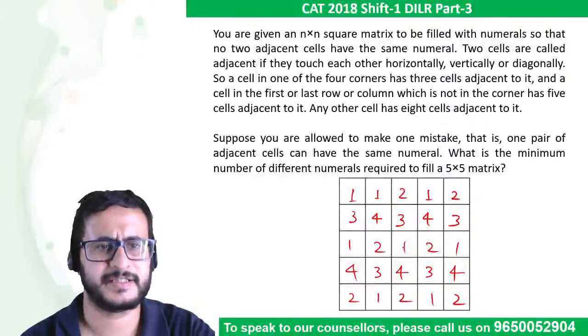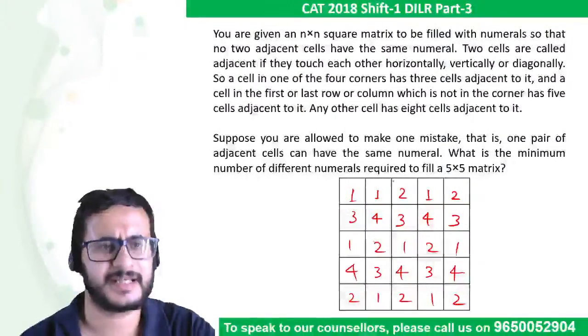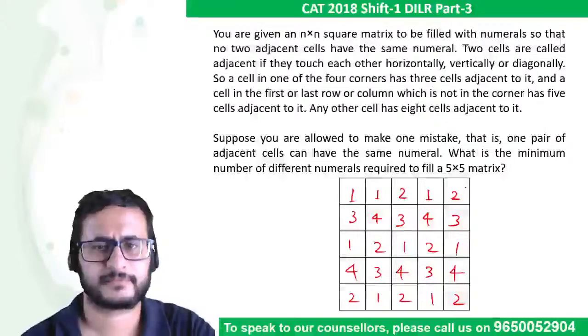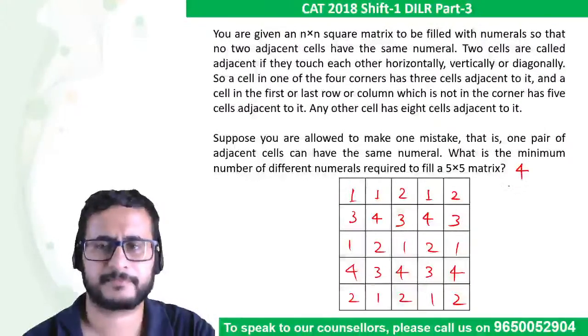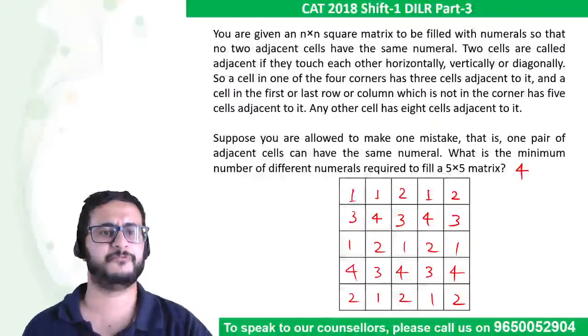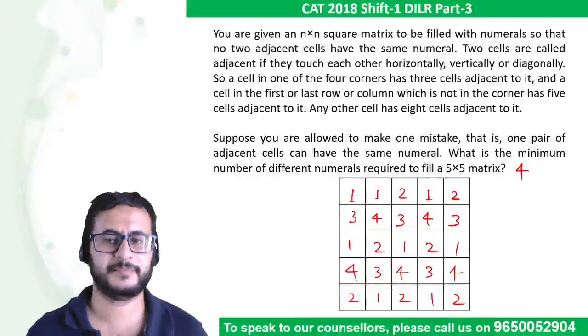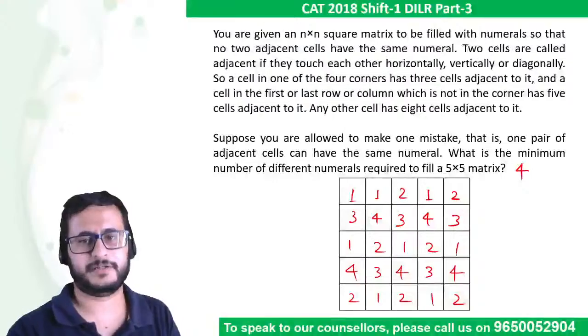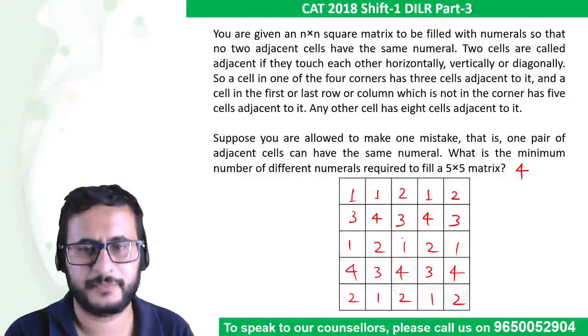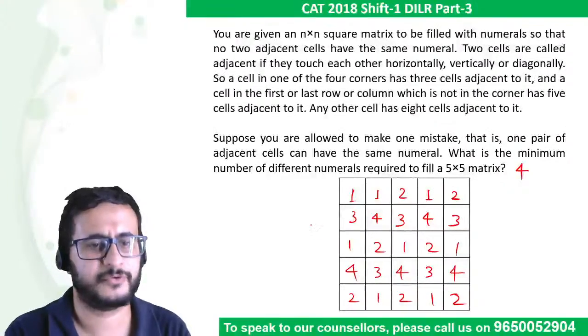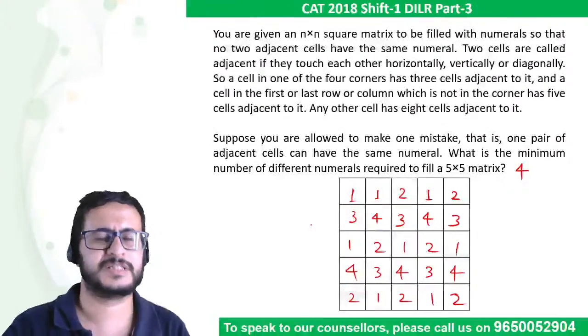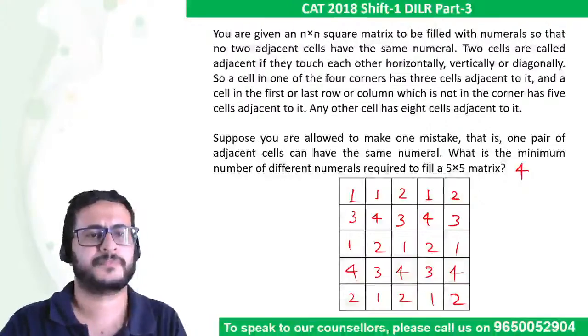Right, not any adjacent, but one mistake, still I'll have to fill minimum 4. I cannot do with 3. Isn't it? Because you make a mistake at any place, maybe at the center, maybe at any other place, you will still need minimum 4. Okay. So this is the minimum that we need.